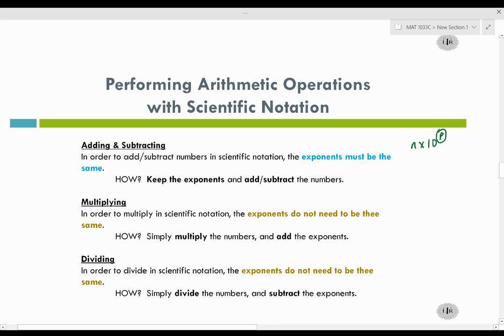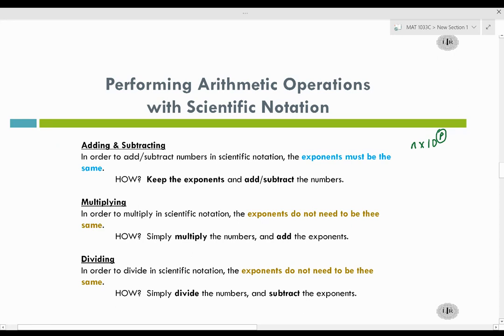Same thing with division. If you are dividing numbers that are written in scientific notation, the exponents do not have to be the same. All you need to do is divide the numbers, and then you're going to subtract the exponents, okay? So the only one you need to be super careful for is adding and subtracting, because their exponents have to be the same before you do either of those operations, okay?